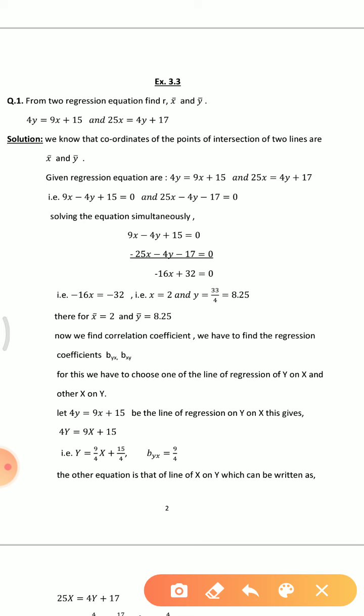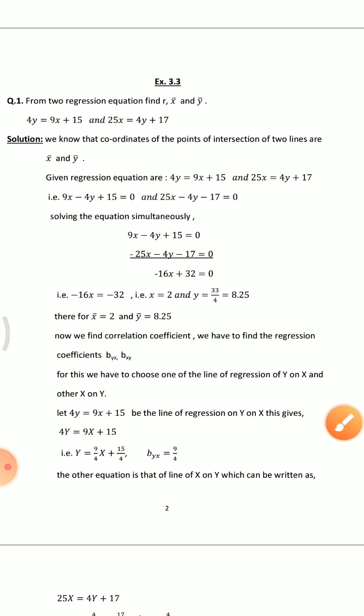If you subtract, the minus 4y becomes plus, minus 17 becomes plus. 9 minus 25 gives minus 16x, 15 plus 17 gives 32, so plus 32. Shifting that to the other side, it becomes minus 32.